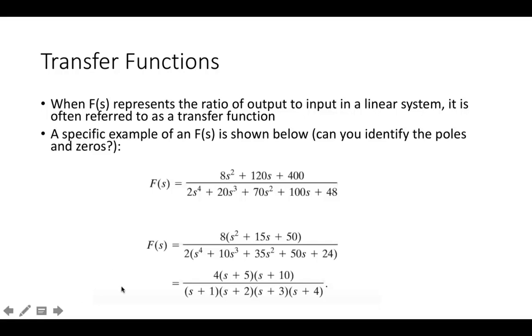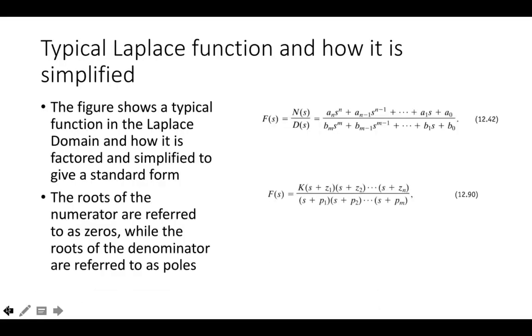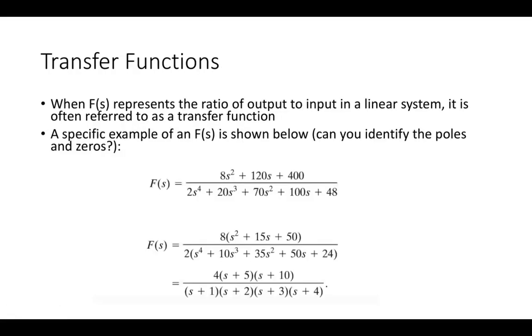So let's go back one slide. I do want to point out that once you've factored this, the roots in the numerator are referred to as zeros, and the roots in the denominator are referred to as poles. And so, once again, a pole can be real, it can be complex conjugate pairs, or it can be a real root that's repeated.